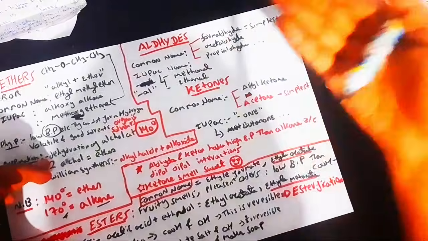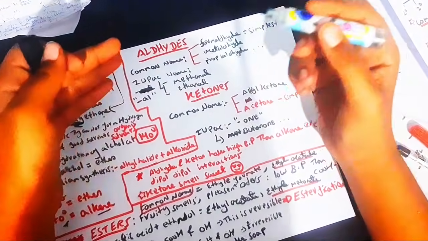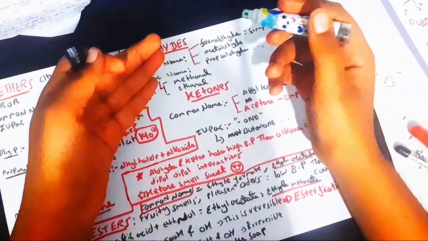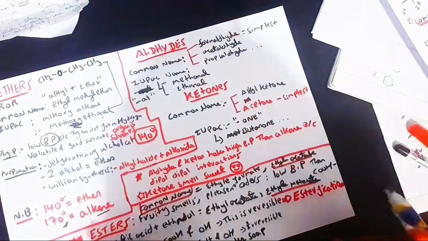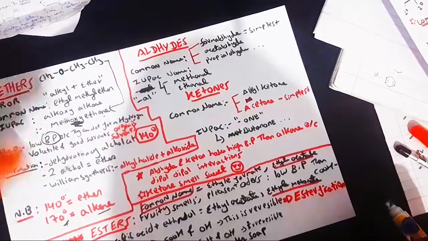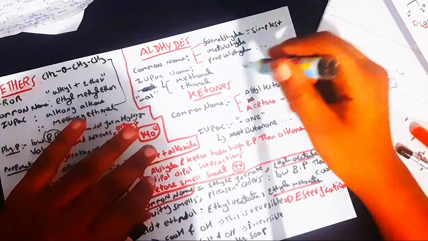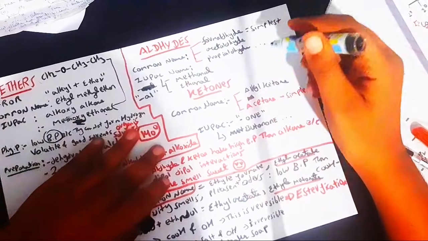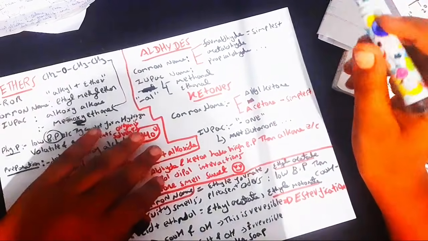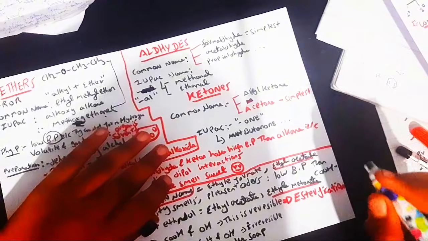So the third one is an aldehyde. So an aldehyde is just like a carboxylic acid, which we're going to be seeing later on in this video.